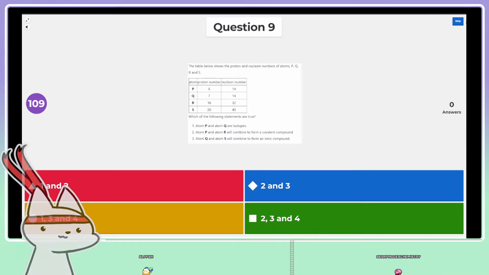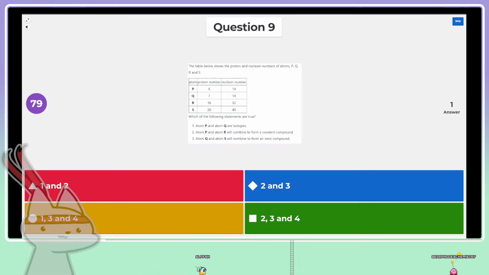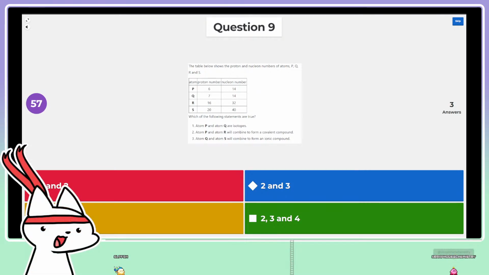So this one, there's... wait a minute, why is there 2, 3, 4?